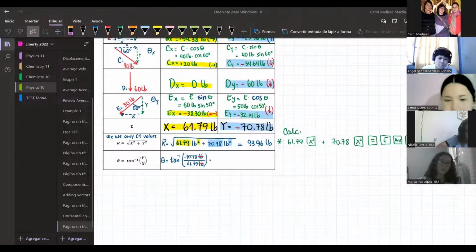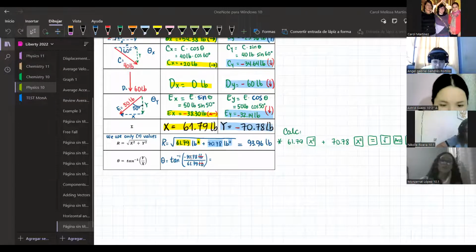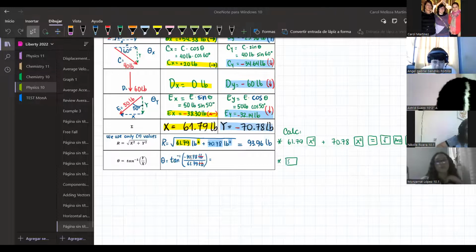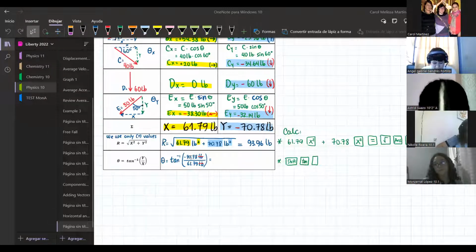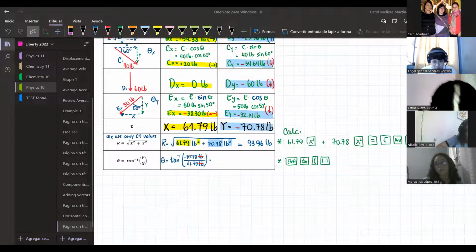In this procedure, you will press the key shift and then the key tan, shift tan, and then you will open parentheses and then you will press the key that is below the key ABC.